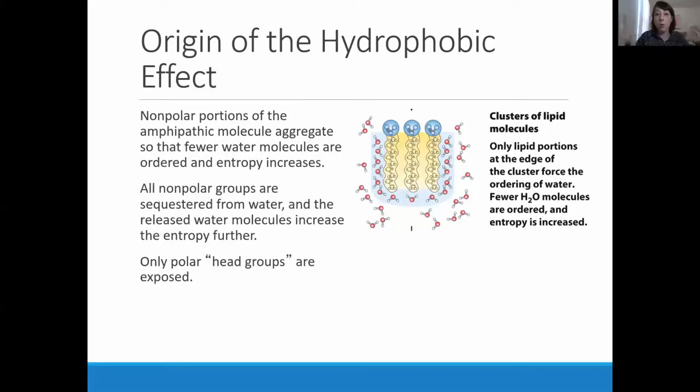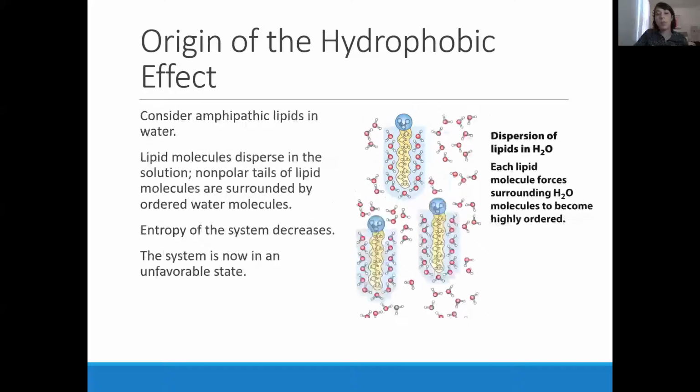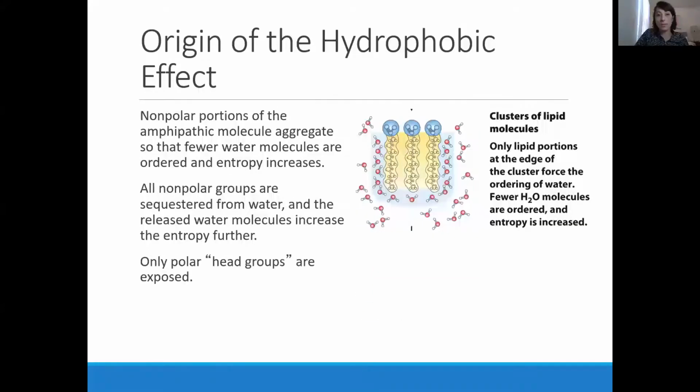But overall, there are fewer total water molecules than when we were looking at them here in this state, separate individual pockets. Overall, this causes entropy to increase. It allows water to be a little bit more disordered, which is a more favorable situation.